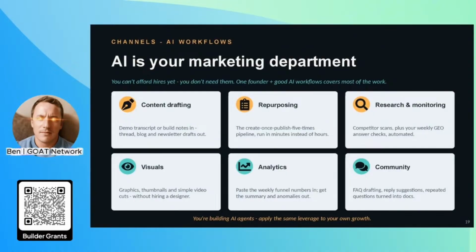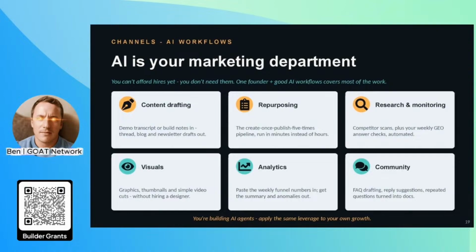A single person using AI tools properly can do all of these different things. And there's a really obvious point: you're literally building AI agents this summer, so apply the same leverage to your own growth that you're building into your products.